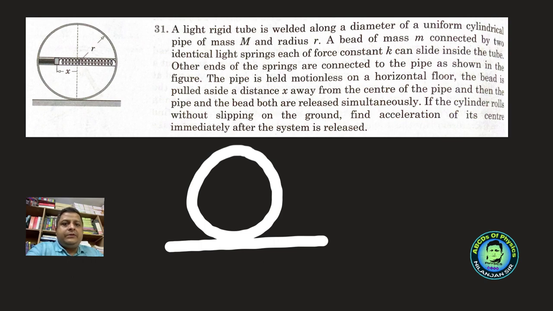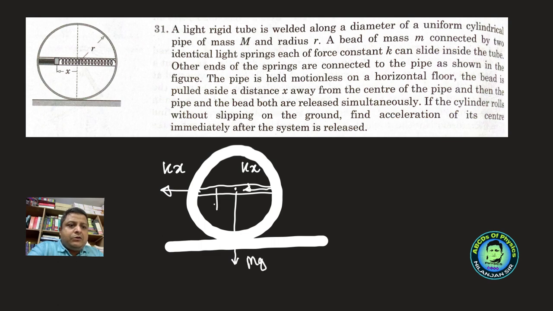So I will present first the strategy for solving the problem. I'll take the free body diagram of this shell only. Let's consider the forces on the shell. The force here is kx, and also there it is kx, and apart from that you have the weight, capital Mg, and also the normal reaction.